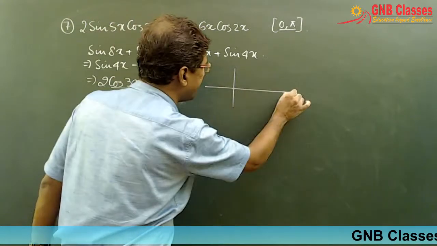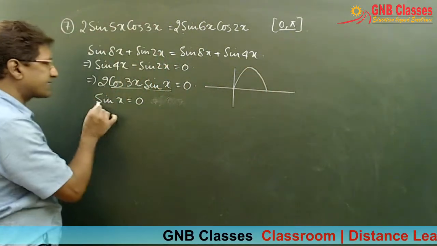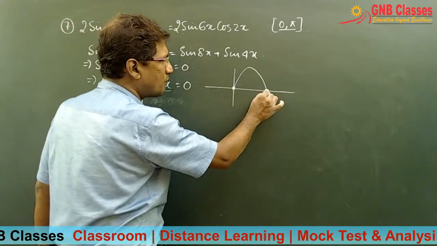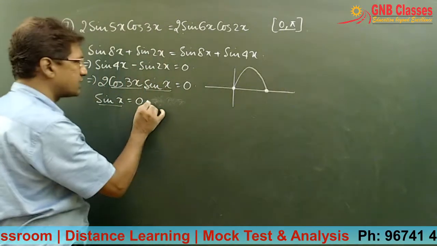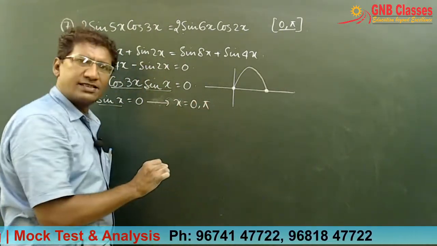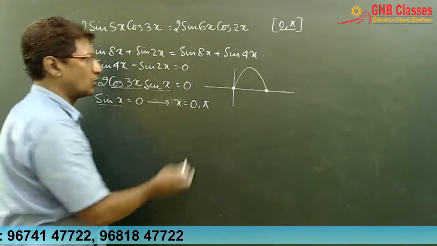So it can be easily seen that from 0 to pi, sin x is 0 at x equals 0 and at x equals pi. Therefore, we got two solutions from this equation. One is 0, another one is pi. You can use the standard general solution and find it out also.